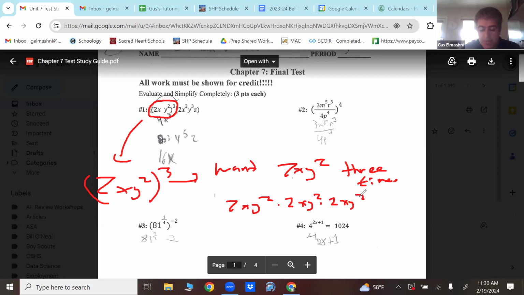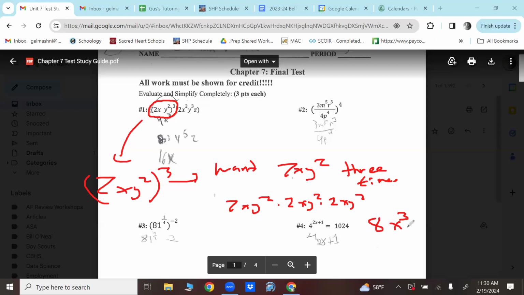What's 2 times 2 times 2? 2 times 2 is 4 times 2 is 8. Then x cubed, and then y6. There you go. That's that part.